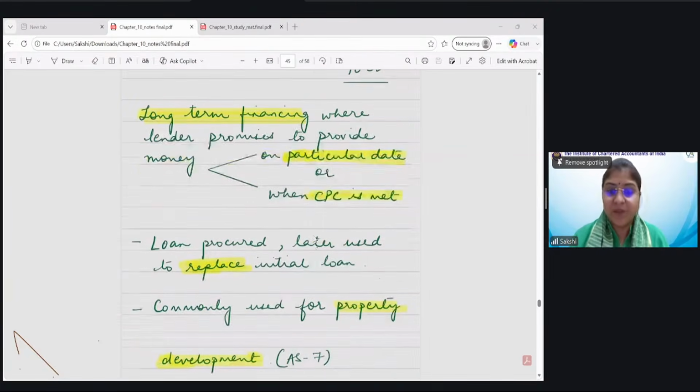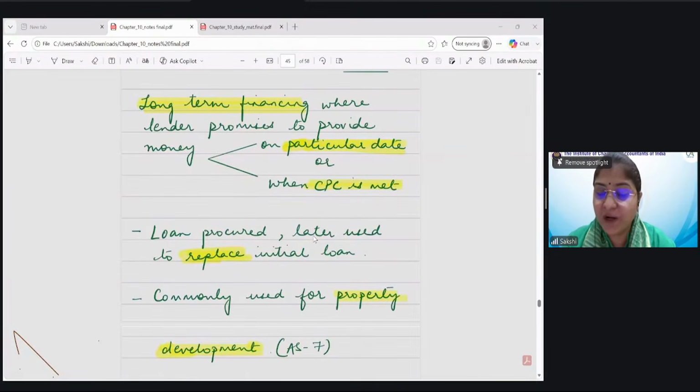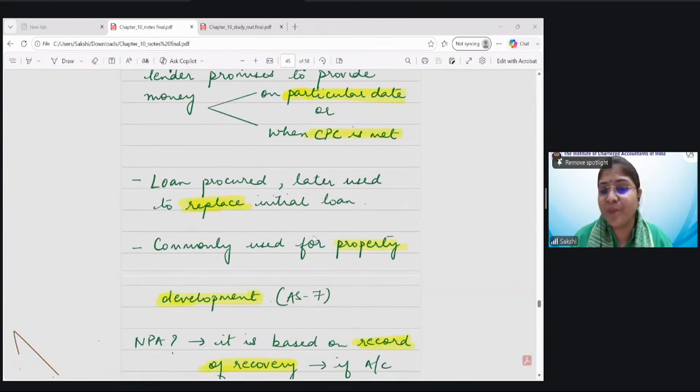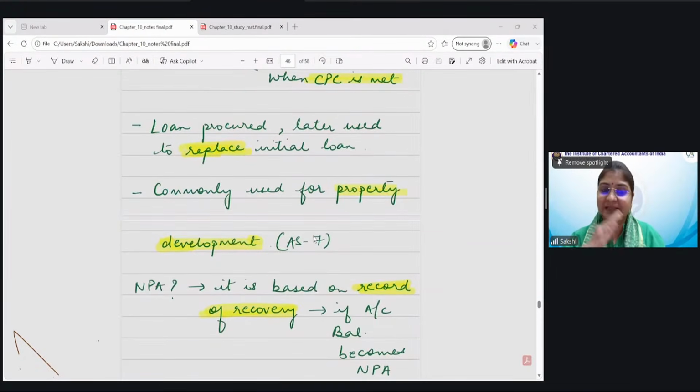You have to see that the loan procured is later used to replace the initial loan. Means the entire amount you wanted was 10 CR, but slowly and steadily you are taking this 10 CR. It is commonly used for property development, like it is dealt in your AS 7.